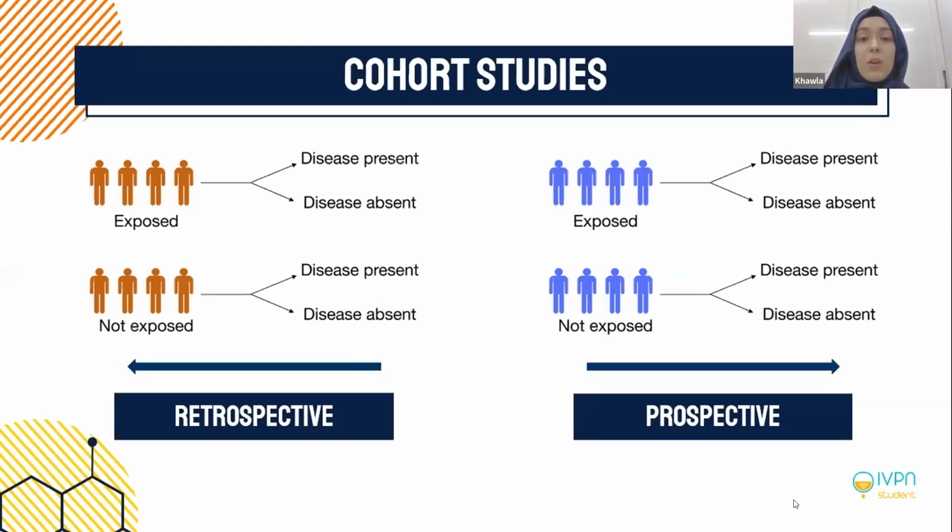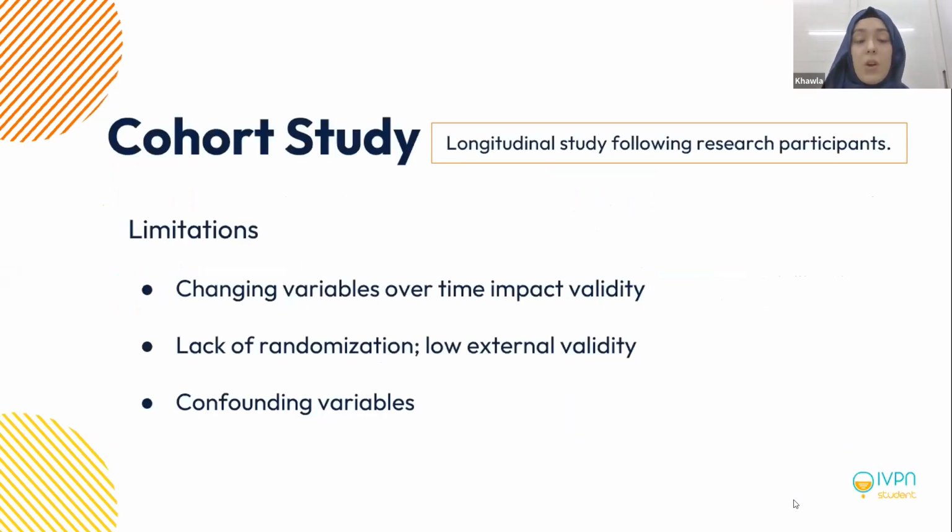Now, of course, every type of study has its limitations, and in this case, limitations of the cohort study include changing of variables. The study is usually long, so due to the prolonged time, there are more variables that are known to interfere with the results and might decrease the validity of the study.